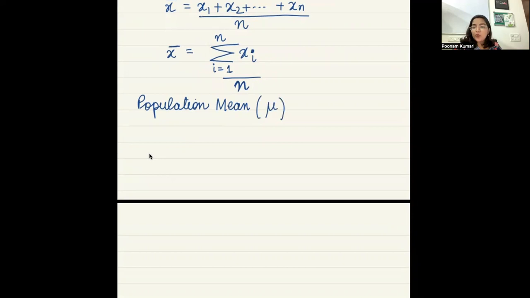Whenever you see this term mu, you think about population mean: you have a population and the mean value of those population numbers is given. So population mean is basically the average of all the values in the population.